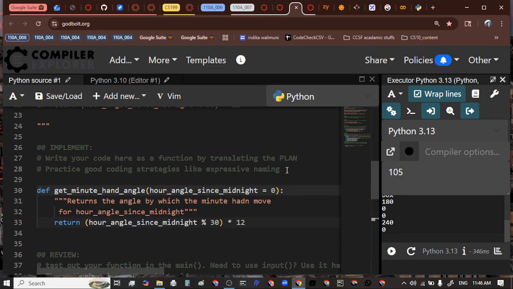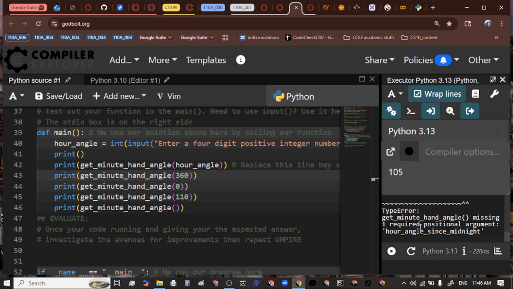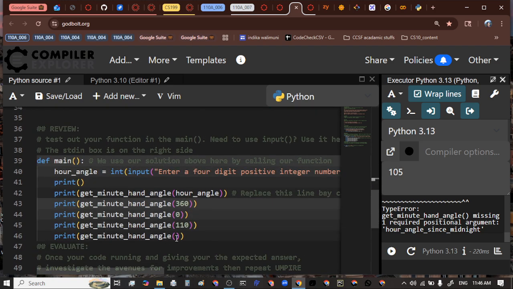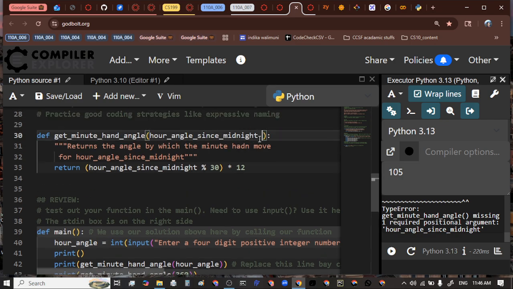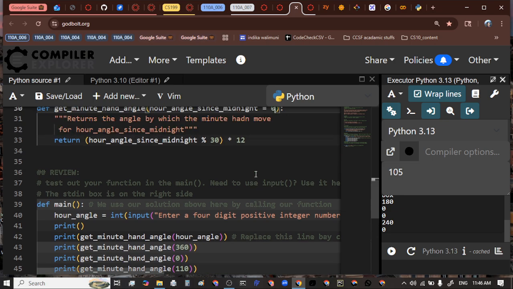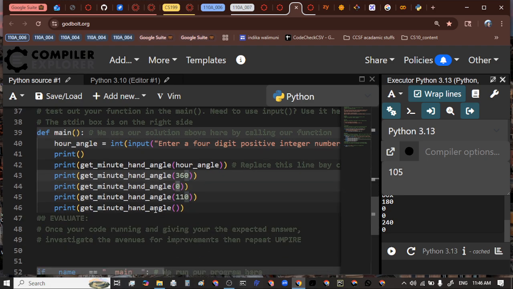If I don't have it, it's going to complain with a type error, saying it takes at least one parameter but you are not giving any. But if I do this, it's not going to complain, because even though I didn't submit a parameter, I'm saying if I don't submit, take the default value of 0. That's what it did over here.